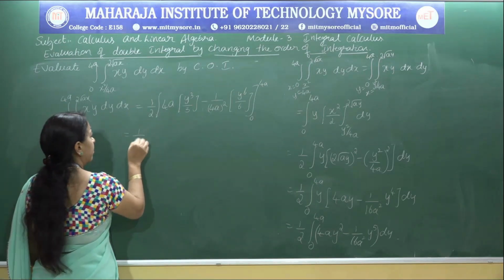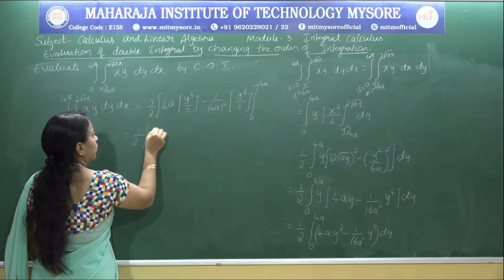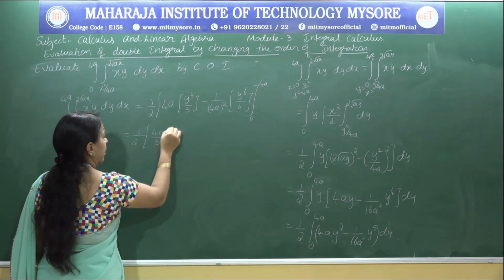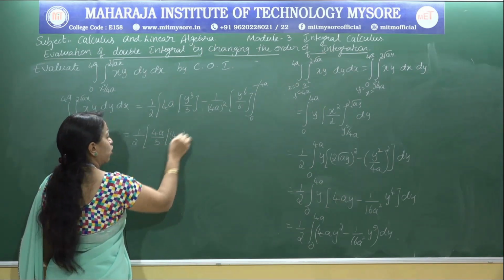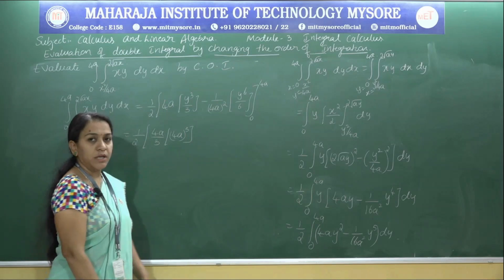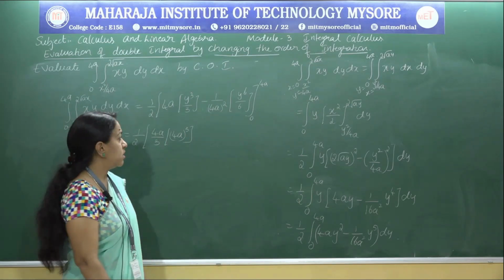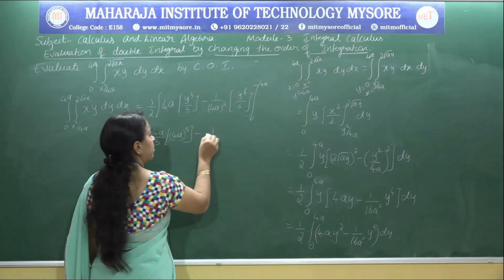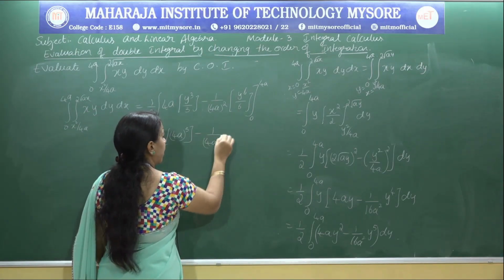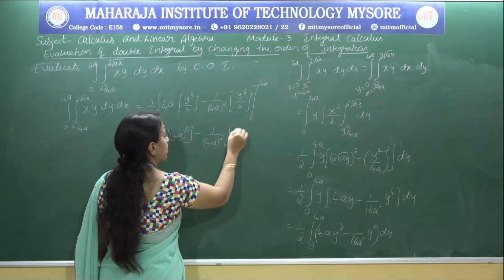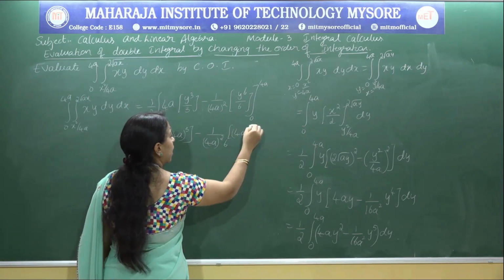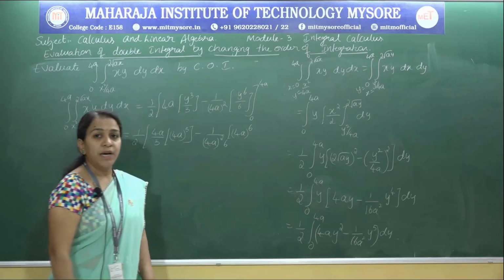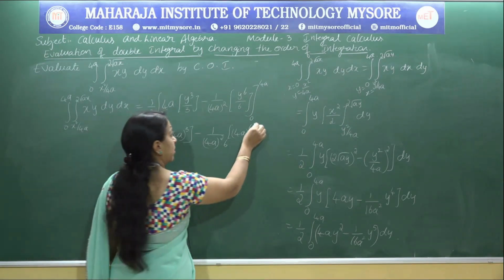Now apply the limits: 1 by 2 times 4a by 3 into upper limit 4a whole cube minus lower limit 0, minus 1 by 4a whole square into 6, and of course again upper limit 4a whole to the power of 6 minus 0 remains 4a whole power 6.